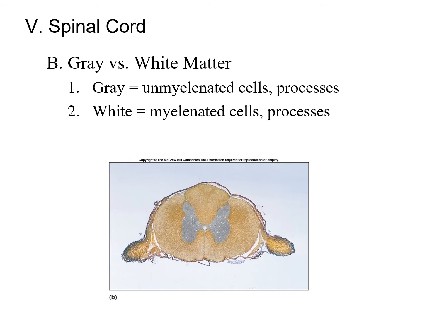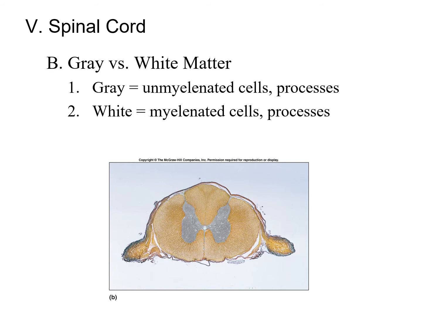Now, the absence of myelin in the gray matter makes it easier for synaptic connections to occur. The presence of myelin in the white matter speeds up the rate of impulse conduction along axons from one part of the CNS to another.